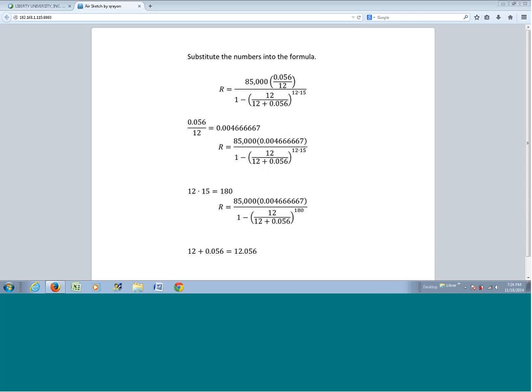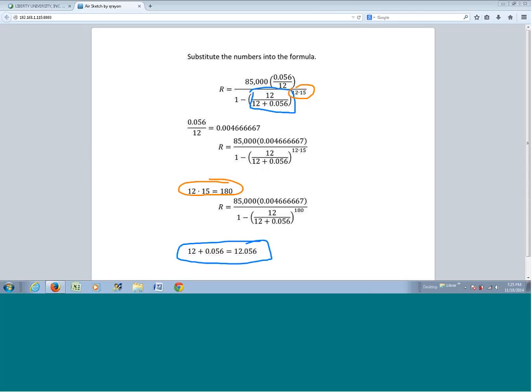So the numerator of this fraction is just 12, but I have to figure out what the denominator of that fraction is by adding those two numbers, the 12 plus 0.056, so I did that here. And then I also need to figure out what my exponent is, that 12 times 15. So I took 12 times 15 and got 180. So I'm doing all these in little pieces.